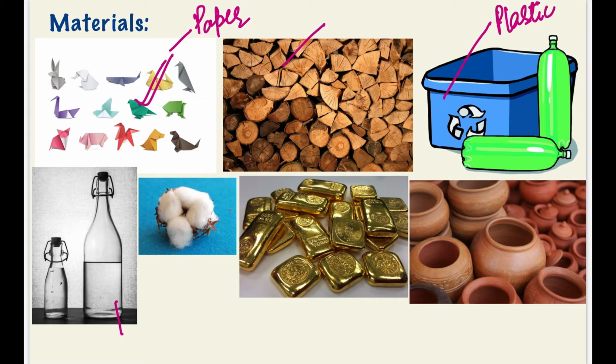Glass is also a material, we make crockery items and other things also. Cotton is a material, last chapter we discussed cotton. Cotton is used to make clothes. Then metals are also materials. We have many metals, gold, silver, copper, steel, and clay is also a material. We make clay pots also. So these materials we use in our daily life.